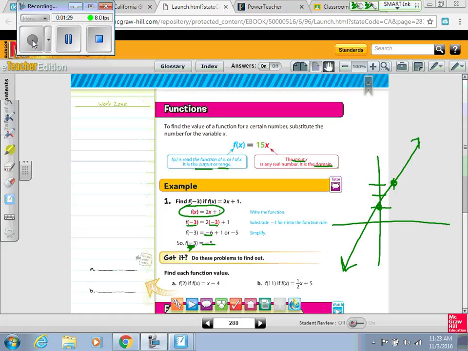So at negative 3, f of negative 3, 1, 2, 3, we are seeing that our y is at negative 5. Right there. So no matter what number you put into x, you're going to get a y, an x and a y that's a point on that line.